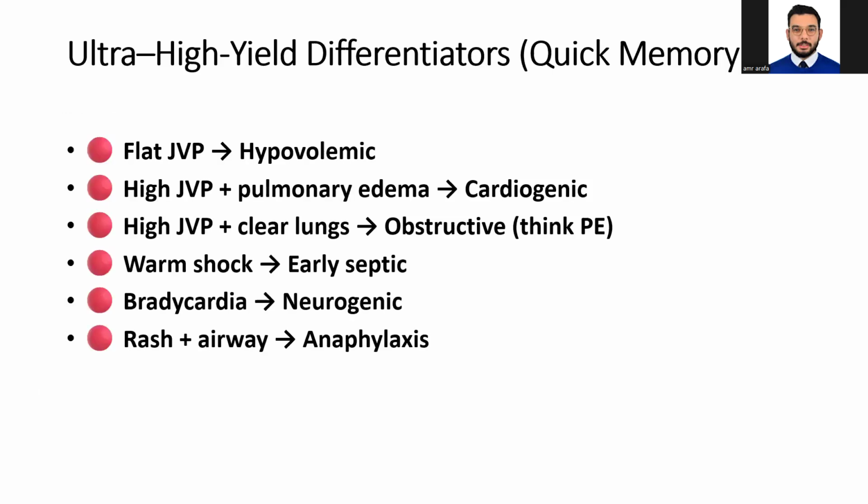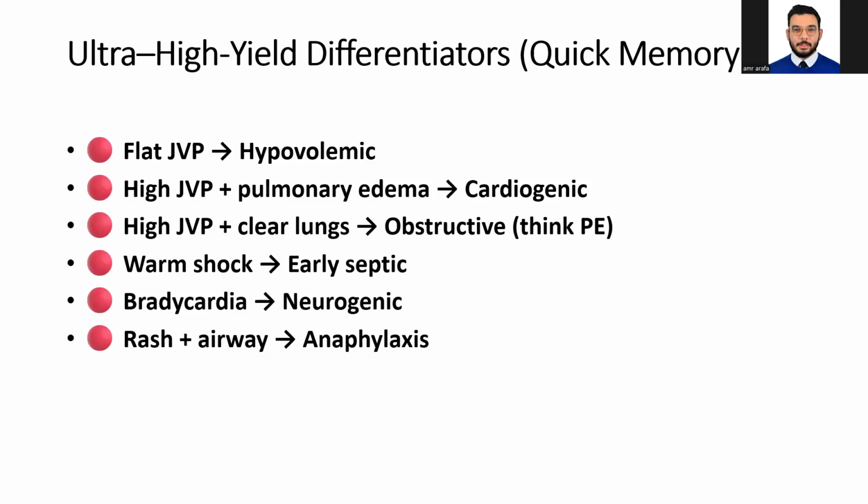Okay, so the high yield point: if the jugular venous pressure is flat, so you have a flat JVP, that's usually hypovolemia. There's not enough blood going around. If you have a high JVP with pulmonary edema, that's cardiogenic.